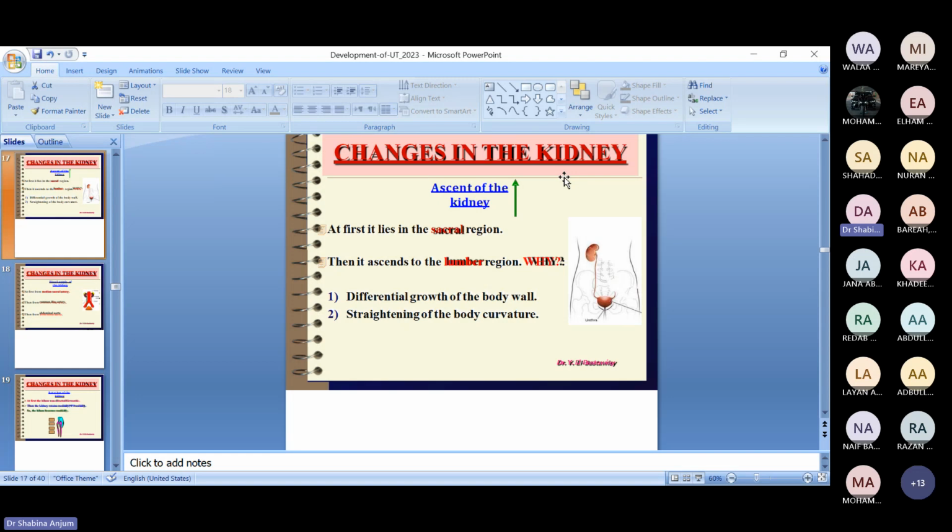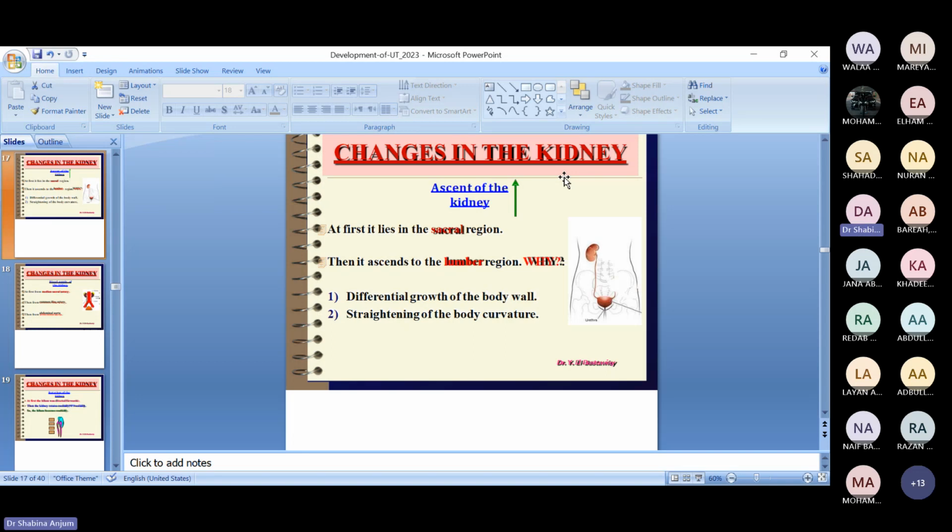Then the mesonephros appears in the thoracic and upper lumbar region. Some of the tubules will disappear, but some will remain. In males, they form the vasa efferentia. In females, they form the paroophoron and epoophoron.